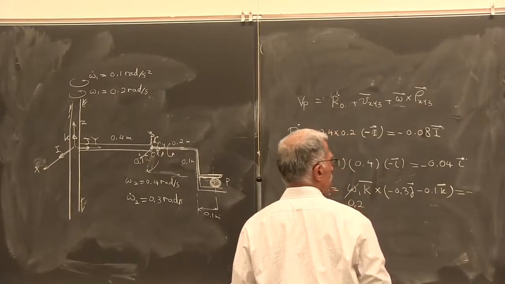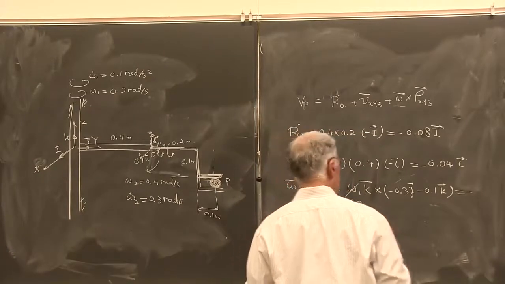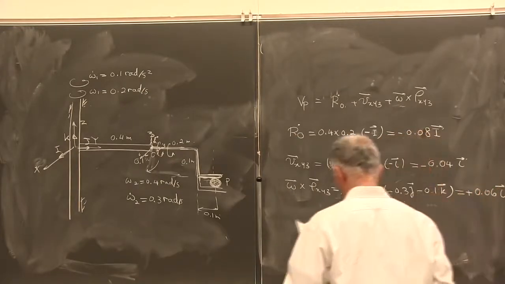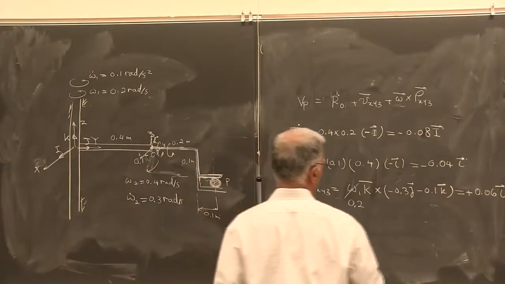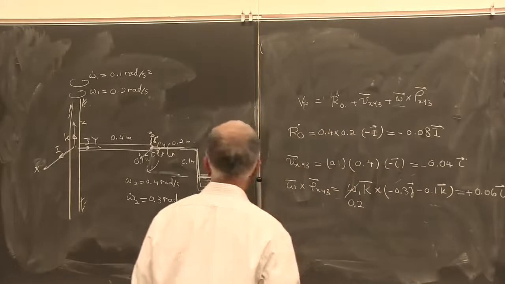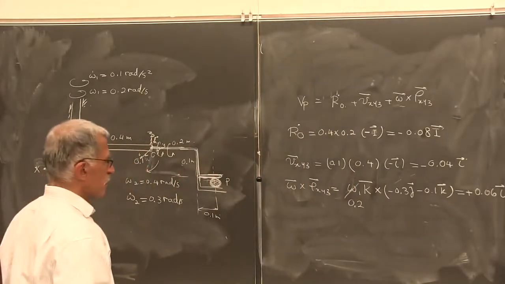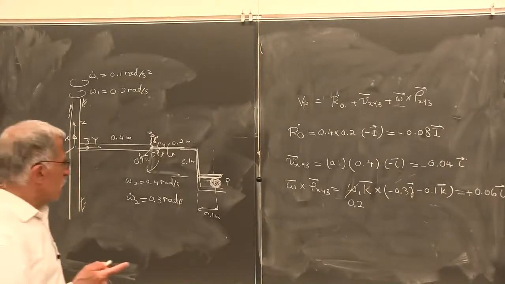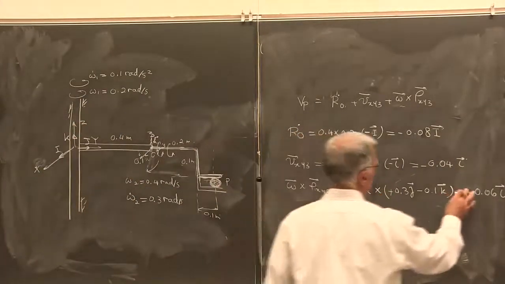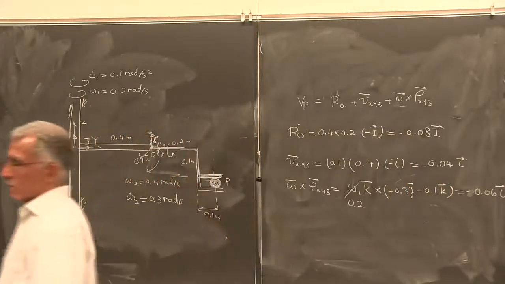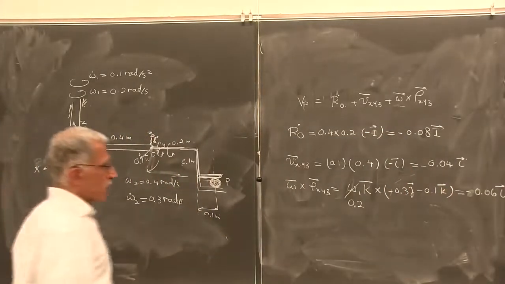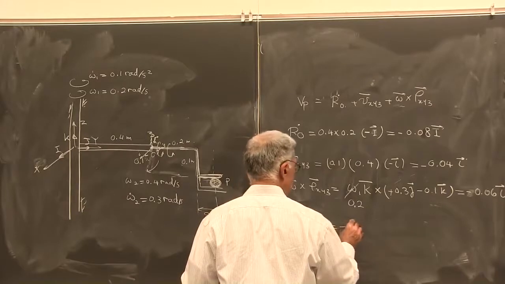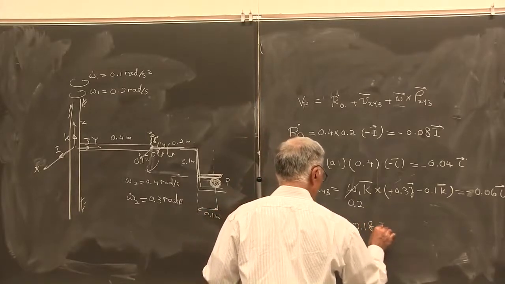K times j becomes negative I, and that becomes plus 0.06 I. So if you add all of these things together, the velocity with respect to the main reference frame becomes equal to minus 0.18 capital I at this instance.